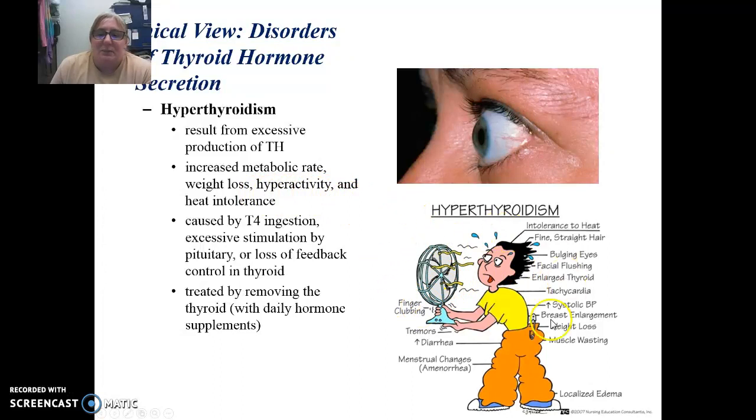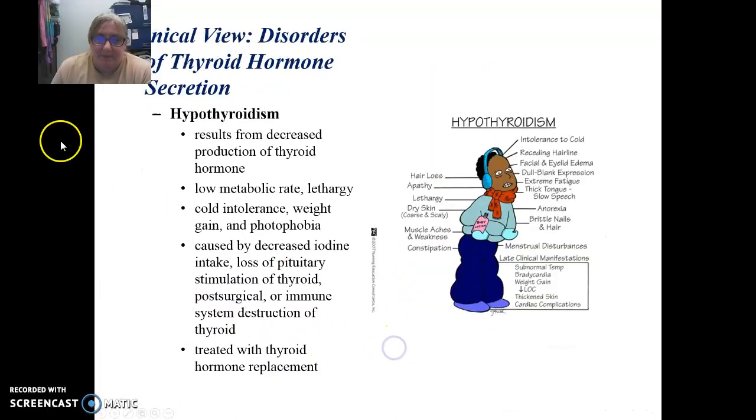You're going to be super hot because your body is producing so much heat. Your eyes can actually start to bulge out. You can see it here really well. That's known as exophthalmos. Typical treatment for severe hyperthyroidism is going to be removal of the thyroid gland. And then you'd have to have supplements.